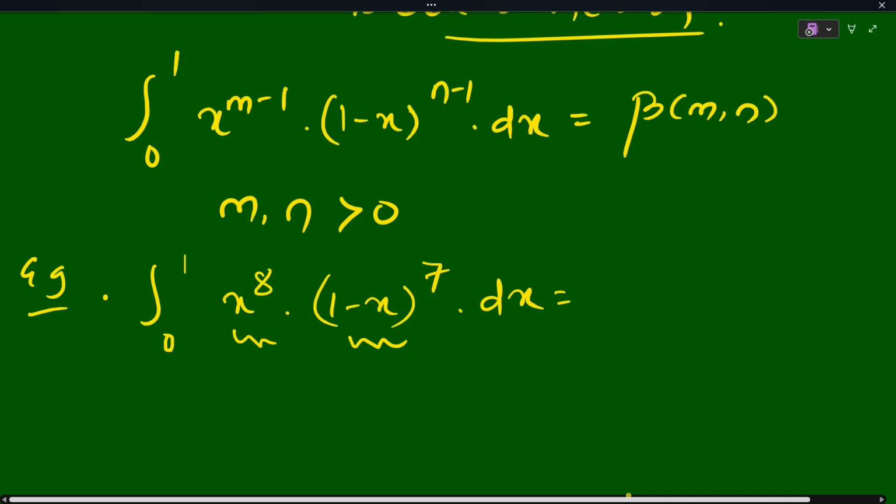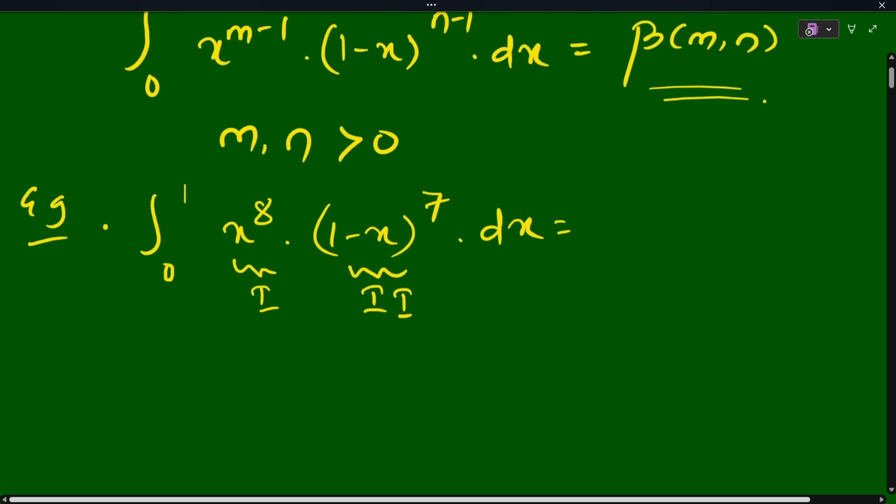We can consider this function as the first function and this as the second function and find the integration. But there is no necessity, as we already know this function is beta m, n. So all you have to do is to find the values of m and n.